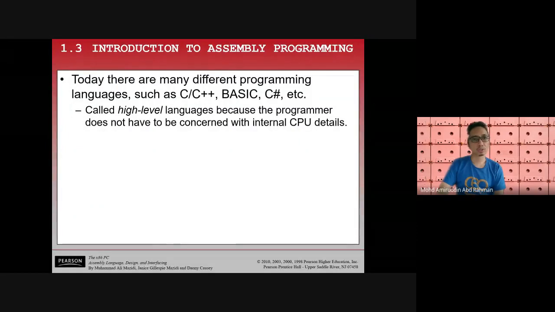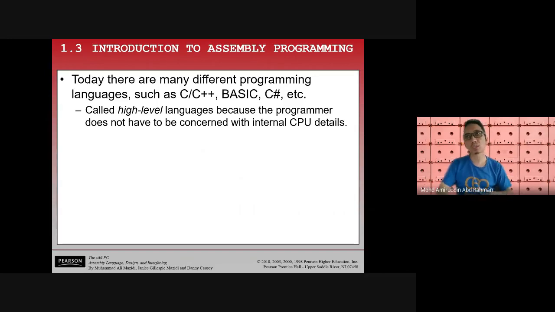Today there are many different programming languages, such as C or C++, Basic, C#, and so on. All of those are high-level languages because the programmer does not have to be concerned with the internal CPU details.